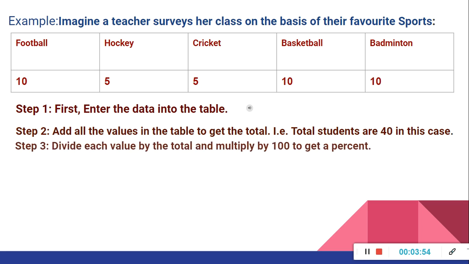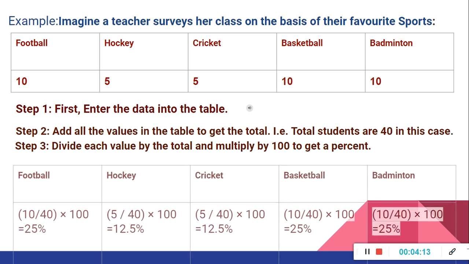Now step 3, divide each value by the total and multiply by 100 to get a percent. Means convert this value into percentage. So for that we have to find out the percentage. How could we find the percentage? We know that it is the number divided by total into 100. So in case of football, 10 upon 40 into 100, that is 25 percent.